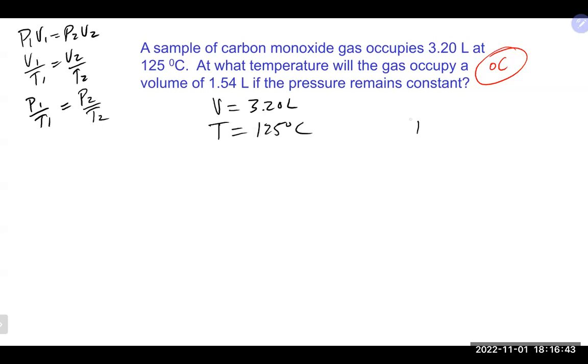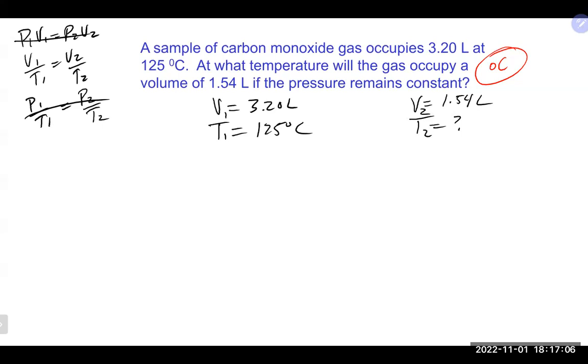We're looking for a final temperature, and our final volume is 1.54 liters. Now we have a few different laws to choose from. There's no mention of pressure, so none of those would be good, and you can see it's Charles' law. Again, we can label these ones and these twos.